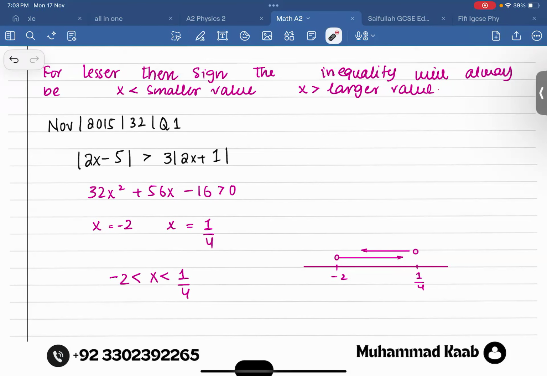So 1 over 4 doesn't satisfy the inequality, but any value smaller than 1 over 4 will satisfy. 1 over 4 is 0.25, so if you consider any value smaller than that, like 0.2, which is 1 over 5, and put it back in the inequality, the inequality is satisfied, right? Okay.